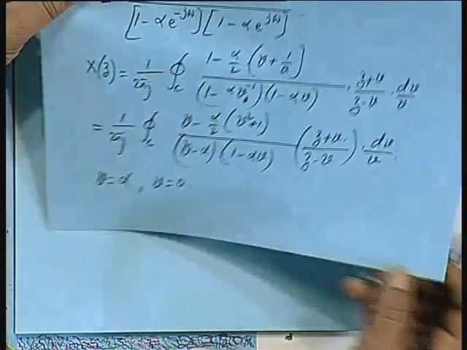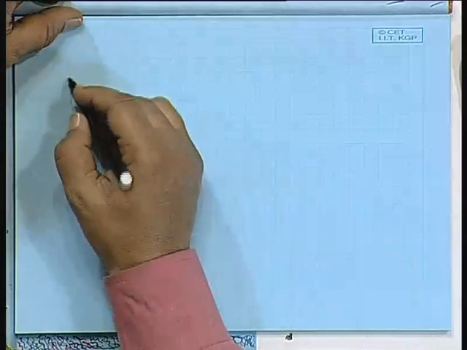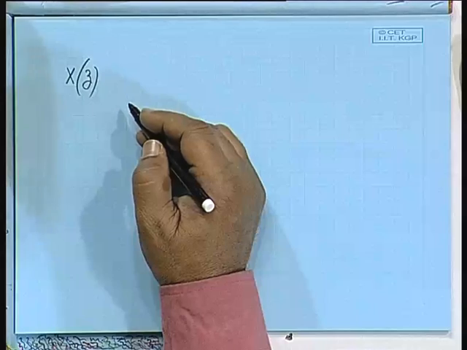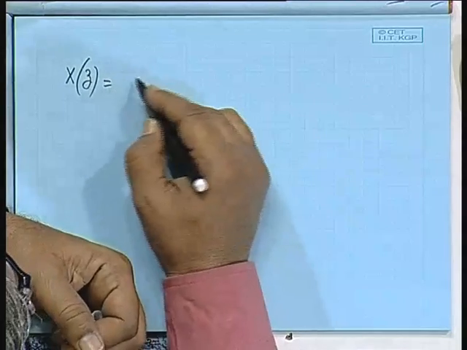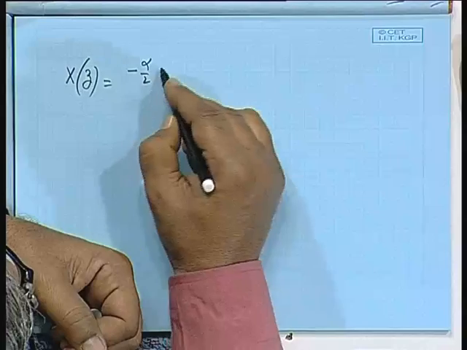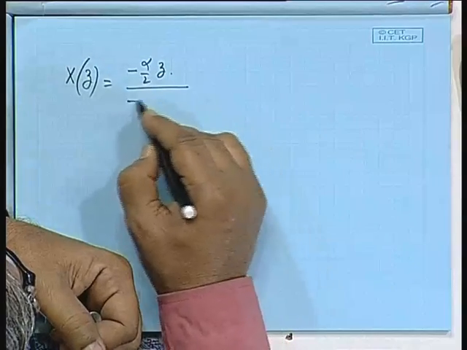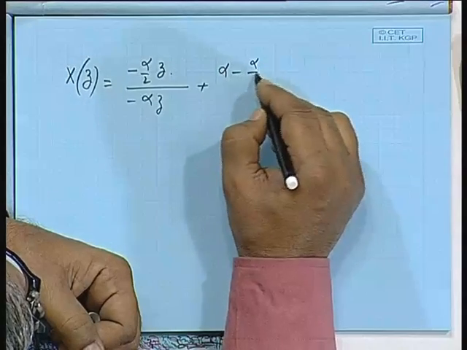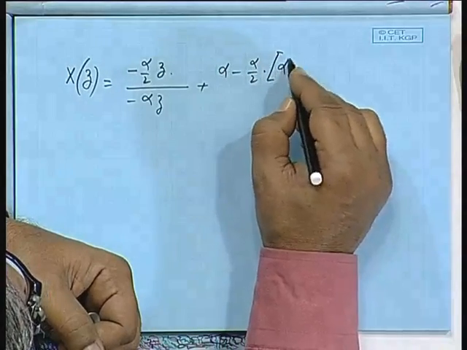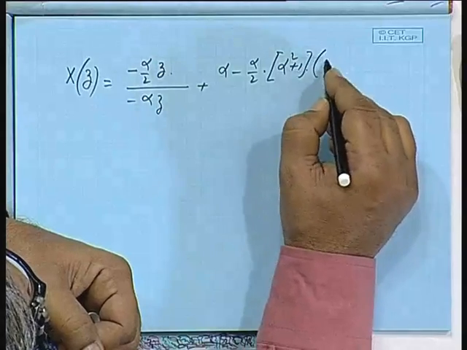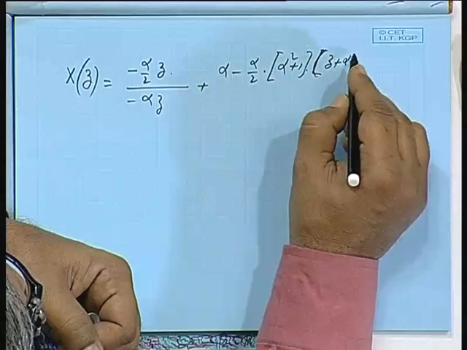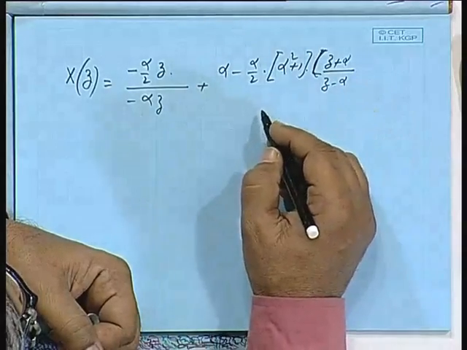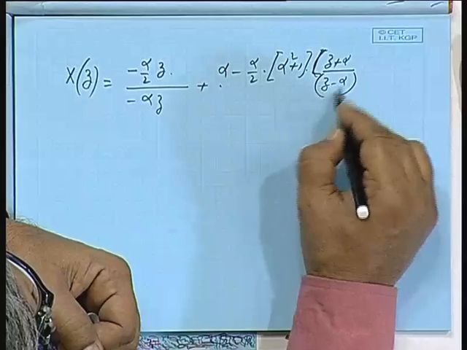If they are within the unit circle, then X(z), calculate the residues at those poles, then it will come out to be minus alpha by 2 z by minus alpha z plus alpha, minus alpha by 2 into alpha square plus 1 into z plus alpha by z minus alpha into alpha.